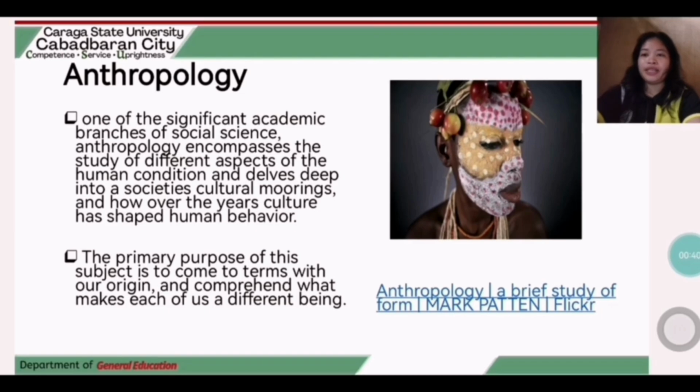Anthropology encompasses the study of different aspects of the human condition and delves deep into our society's cultural moorings and how over the years culture has shaped human behavior. The primary purpose of this subject is to come to terms with our origin and comprehend what makes each of us a different being.